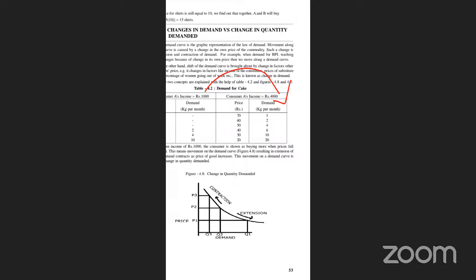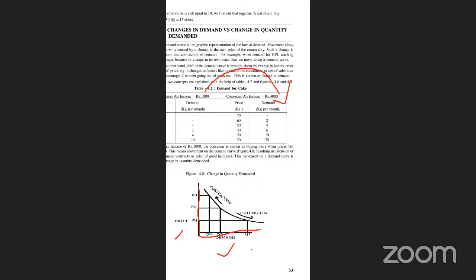And you see this graph. This is price, this is demand. P3, P2, P1 is price 1, price 2, price 3. And when price 1, it is quantity 1. And when price 2, quantity 2.